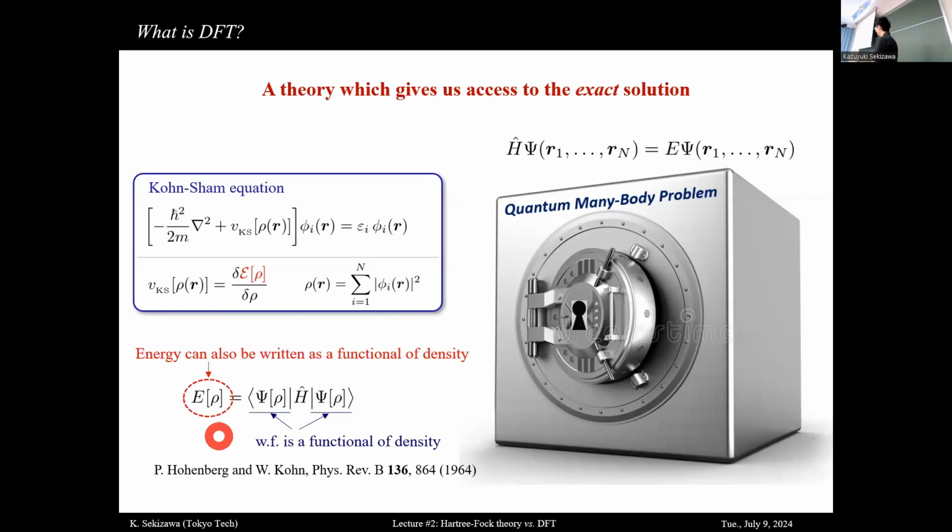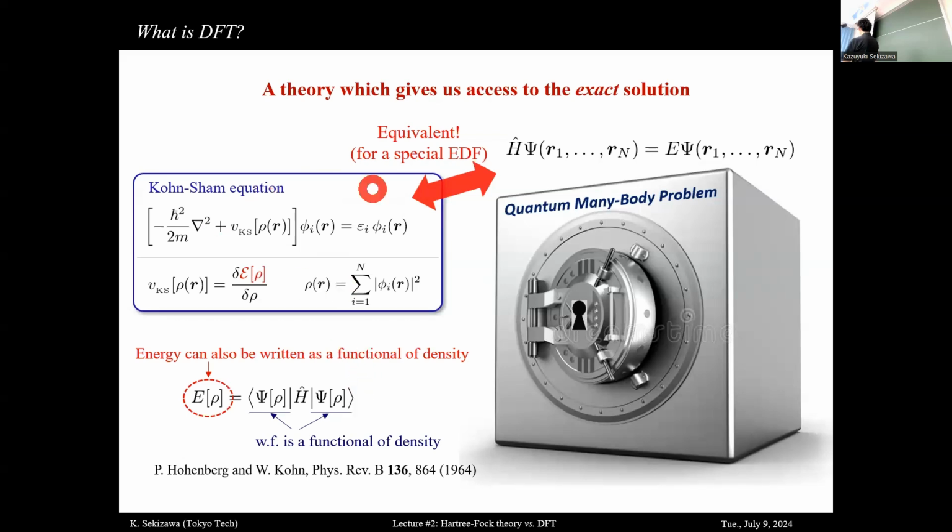Then, we can show that it is equivalent. So by solving the Kohn-Sham equation, which contains the energy density functional here, which is connected in principle to the solution of the many-body Schrödinger equation.